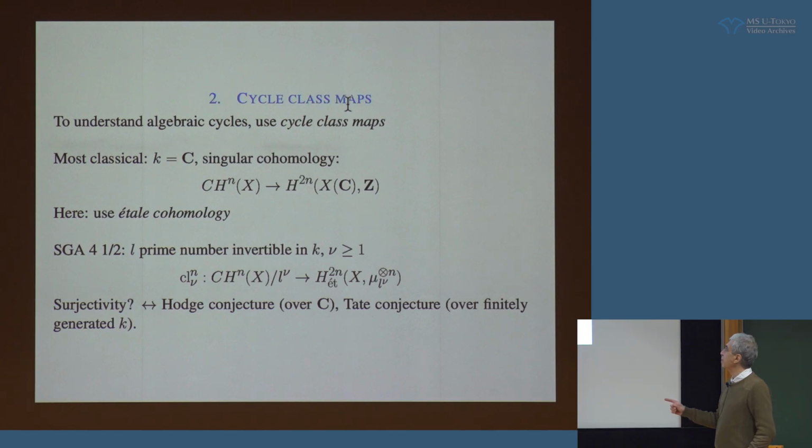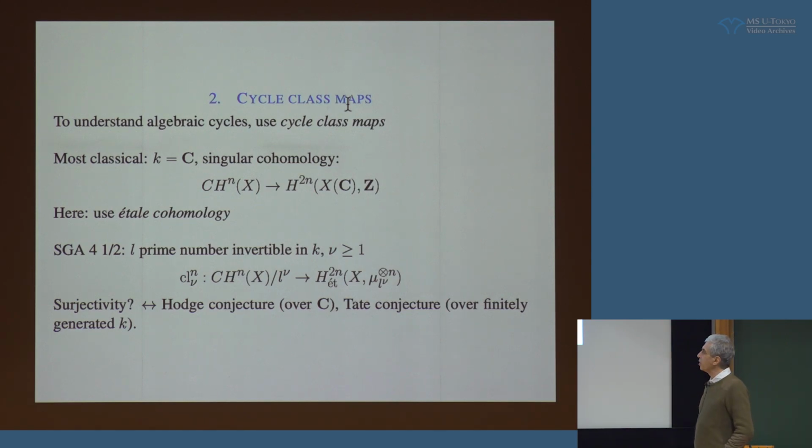She talked about cycle maps, a cohomology class associated to an algebraic cycle. And here I'm saying a little more, which is that this map factors through rational equivalence, which is true. But here I'm going to work over any field. So instead of singular cohomology or Betti cohomology, I'm going to use étale cohomology.